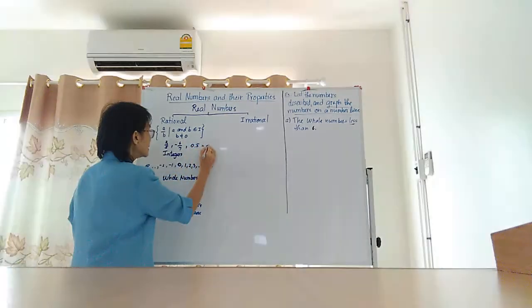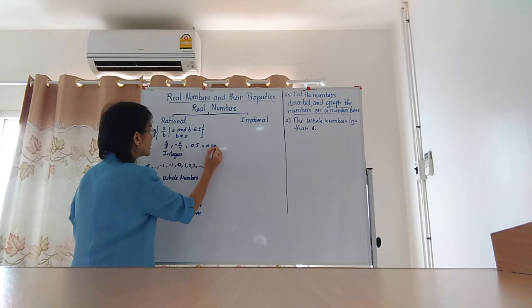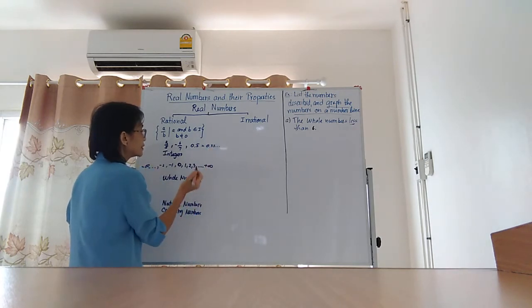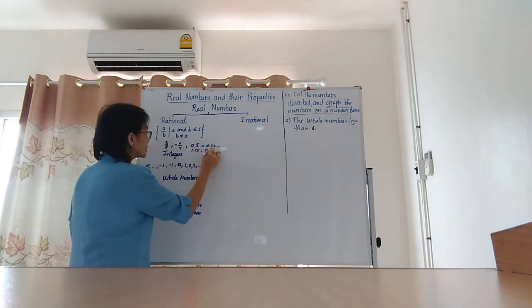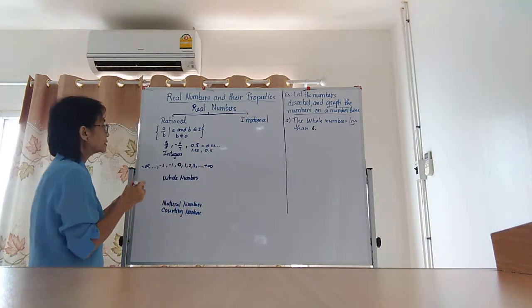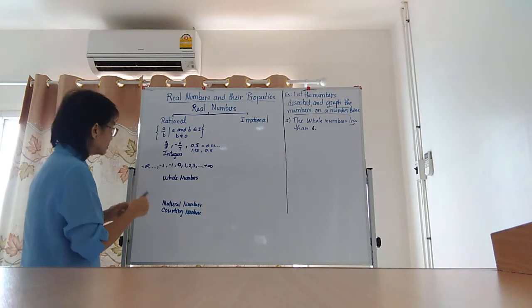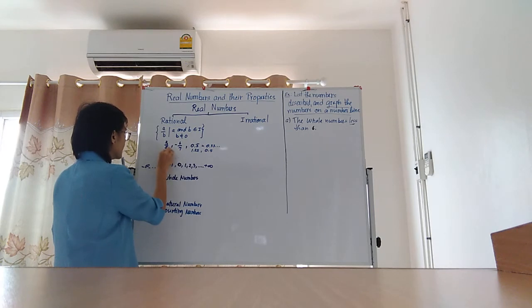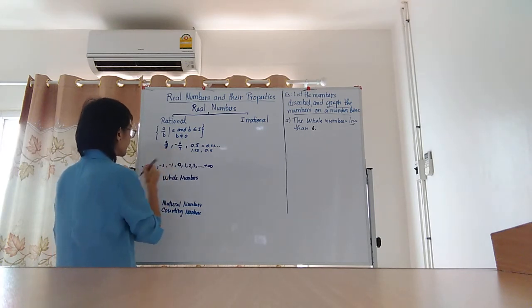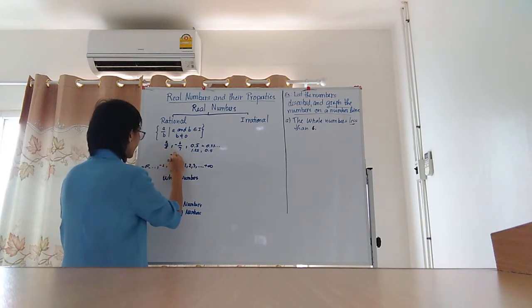Sometimes we write it down as 0.333 and like that. Like for example 1.25 or 0.4, something like this. Okay, so I will write this integer a little bit lower. Integer numbers.